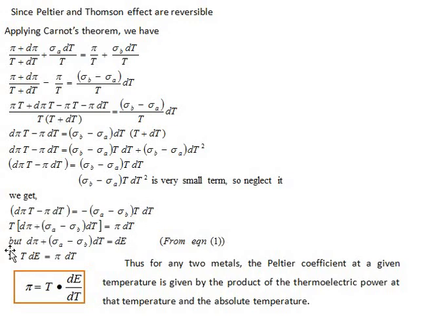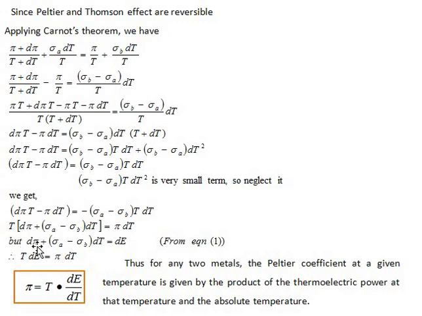Now T into bracket d pi, so this term, and take this term to the left side, (sigma A minus sigma B) into dt. As it is a minus, when it comes to the left it becomes plus. So this is minus, it goes to the right and it becomes plus pi dt.